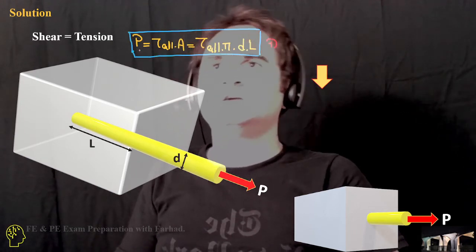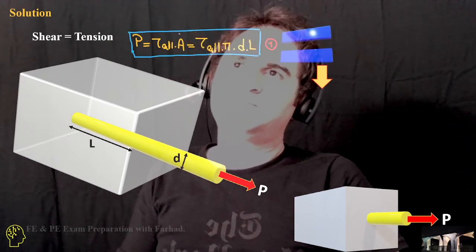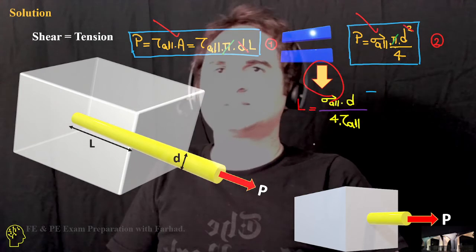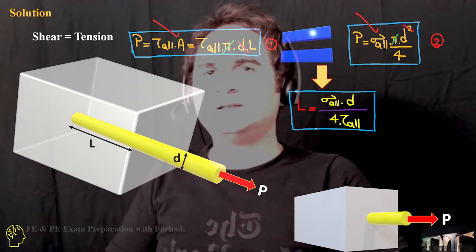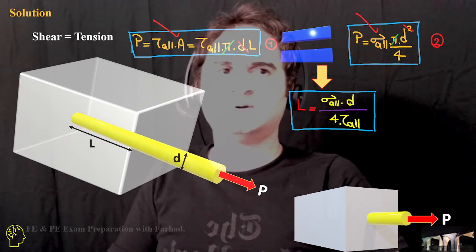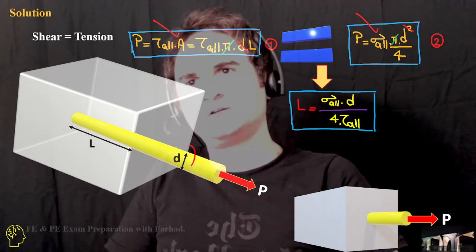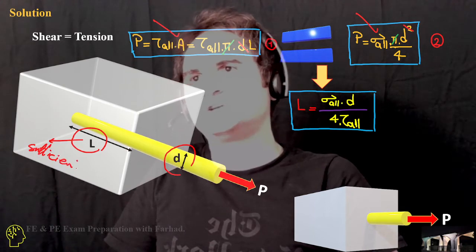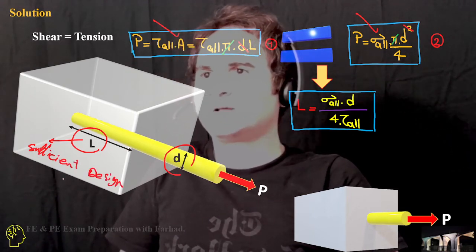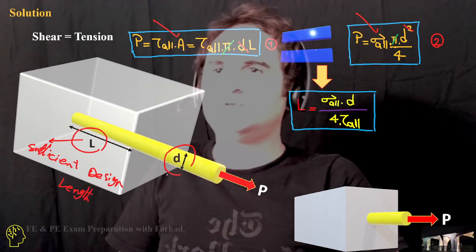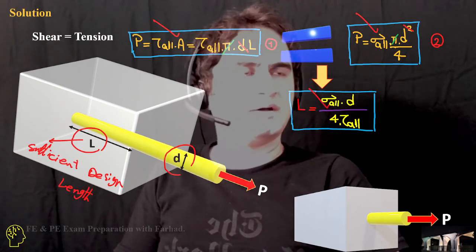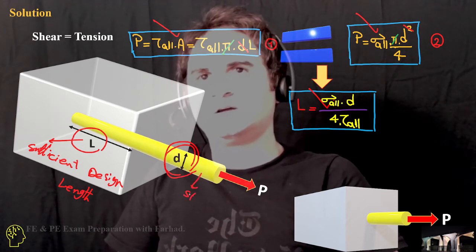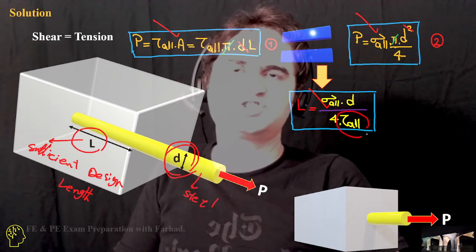So if we set equation 1 equal to equation 2, it just says the sufficient design length is equal to the acceptable normal stress sigma times the diameter of the steel rod, over 4 times the acceptable shear.